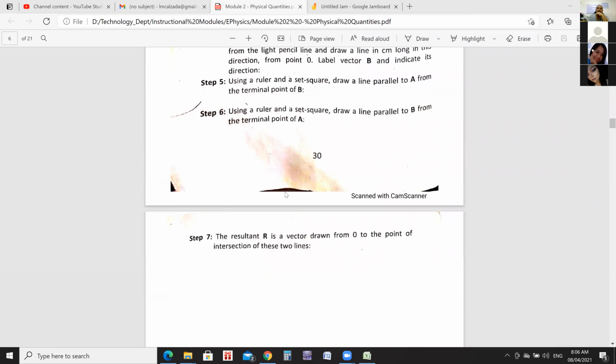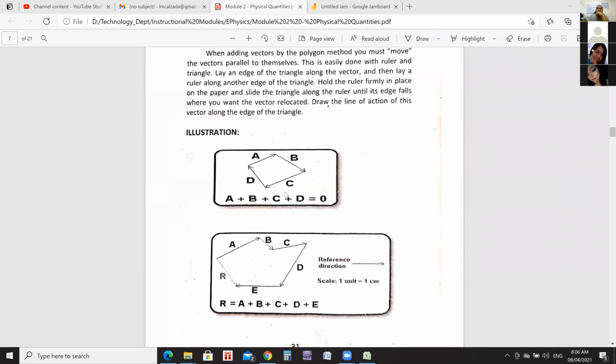Then in the polygon method, we can draw it head to tail, connecting our vectors one after another. Then for the last vector, we draw a vector from the origin to the end of the last vector given, so that we have the resultant vector, such as in the case here, vector A, next vector B, next vector C, next vector D, next vector E. So how many vectors? 1, 2, 3, 4, 5. 5 vectors.